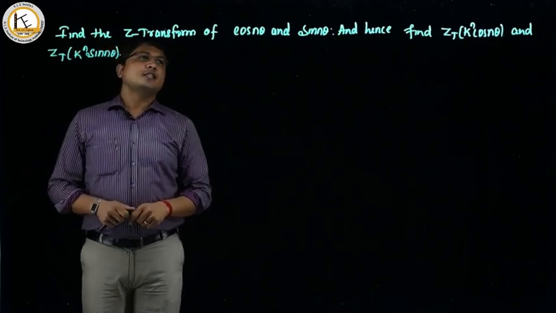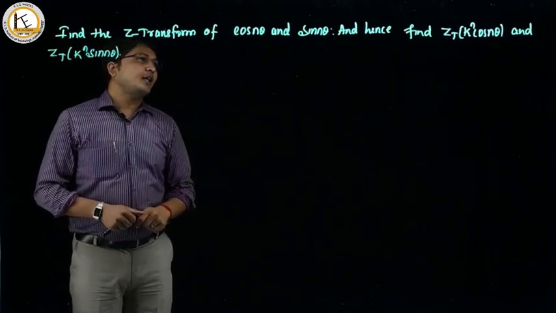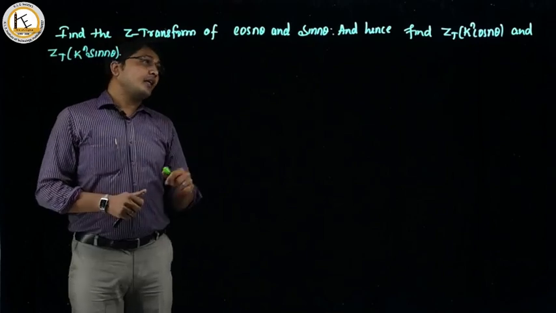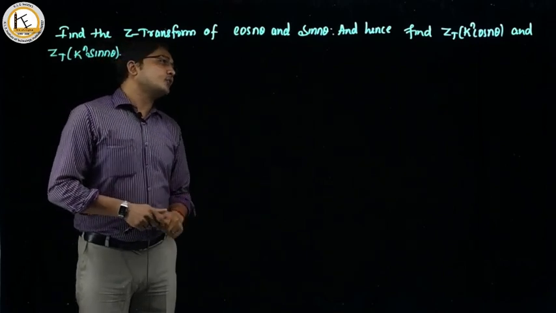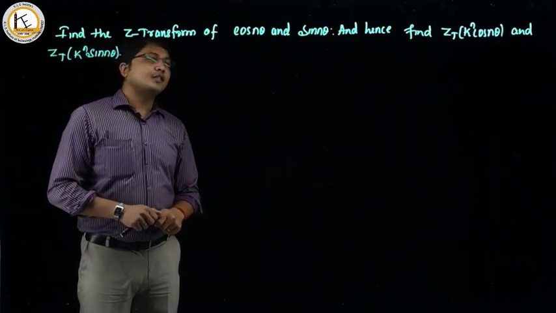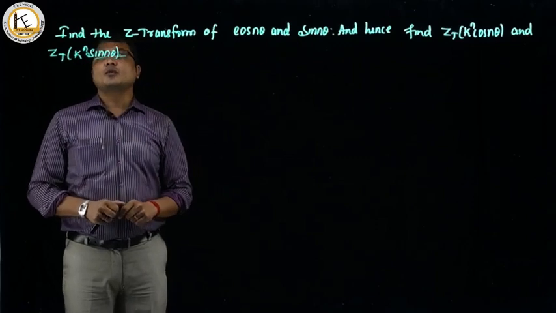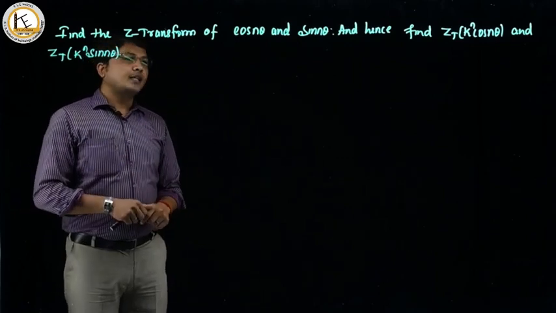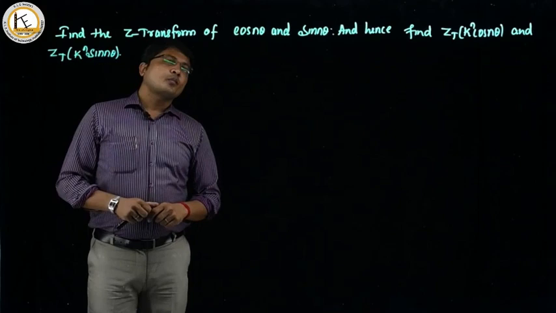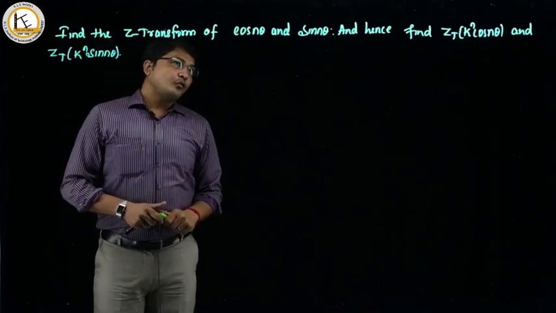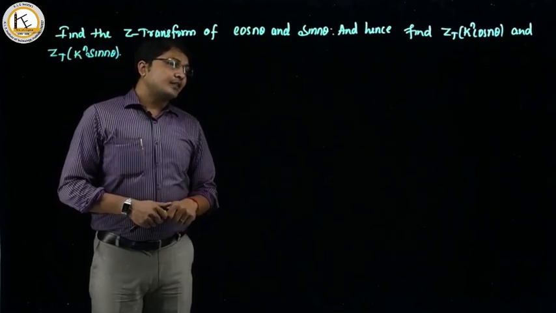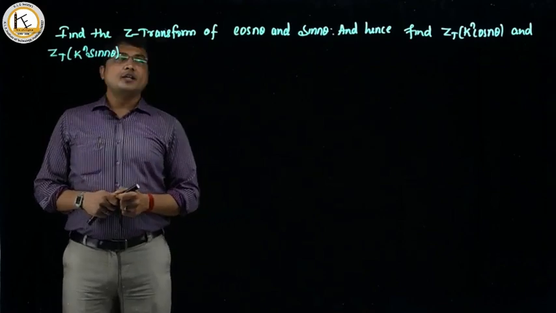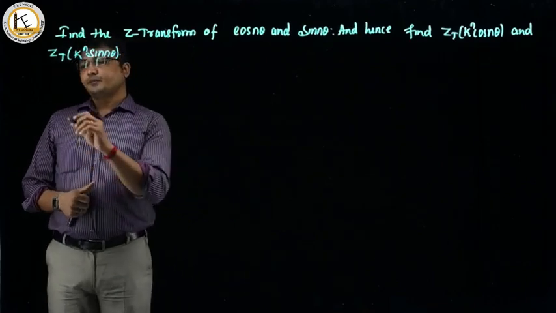Find the Z transform of cos n theta and sin n theta, and hence find Z transform of k raised to n into cos n theta and Z transform of k raised to n into sin n theta. So to find Z transform of cos n theta and sin n theta, what steps are we going to take here?